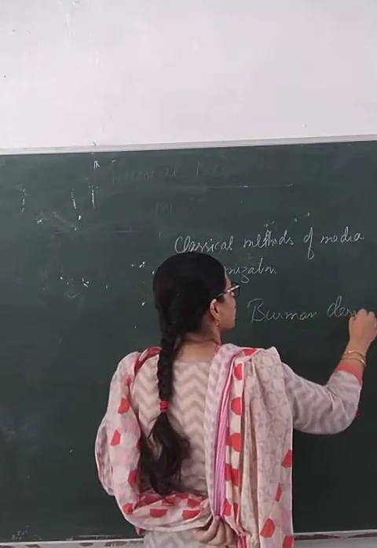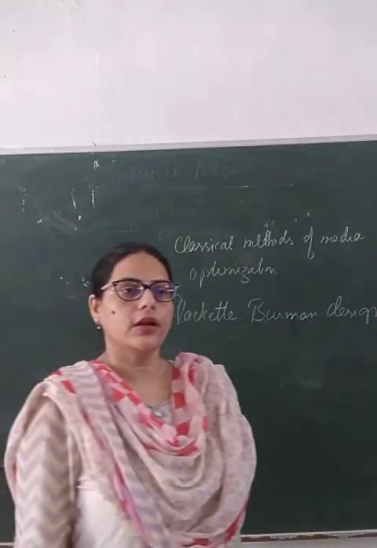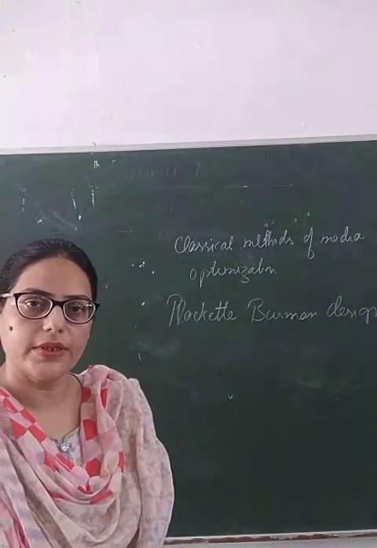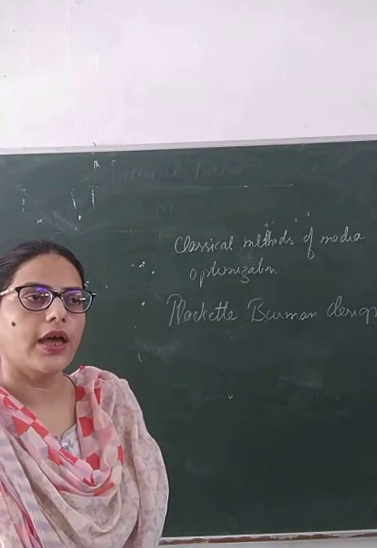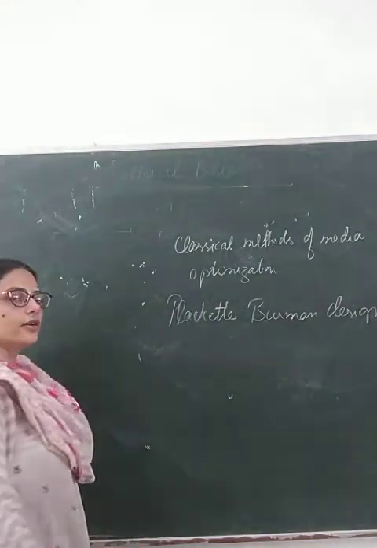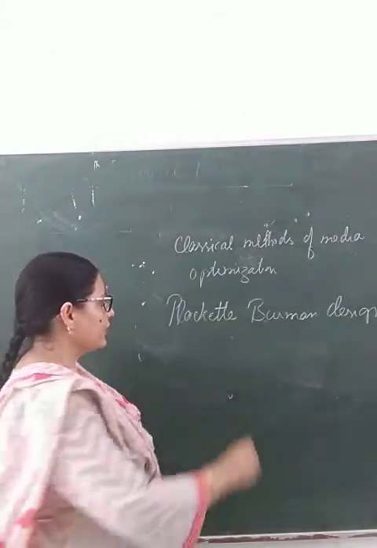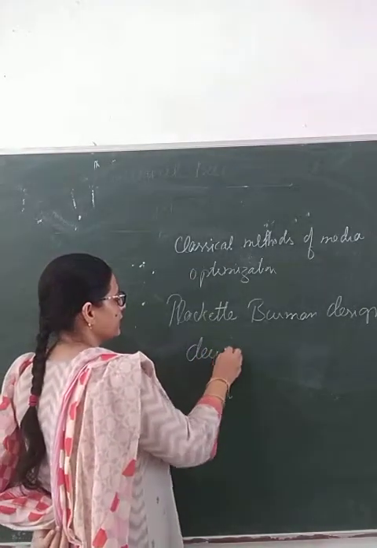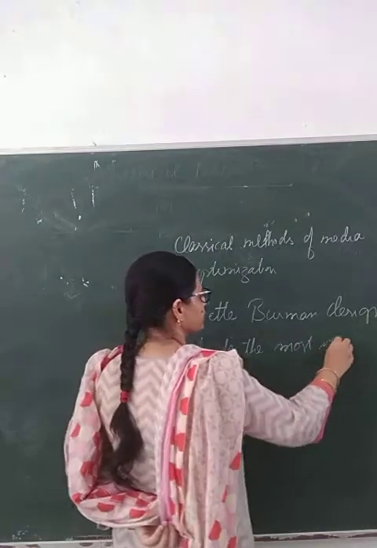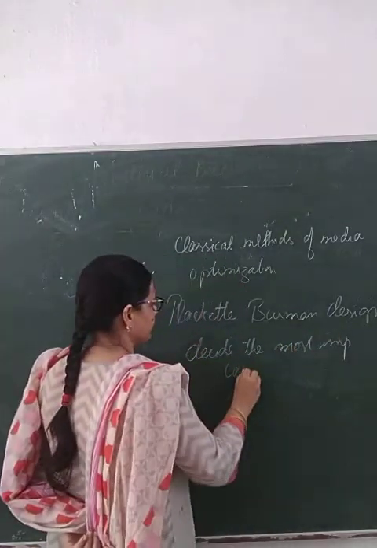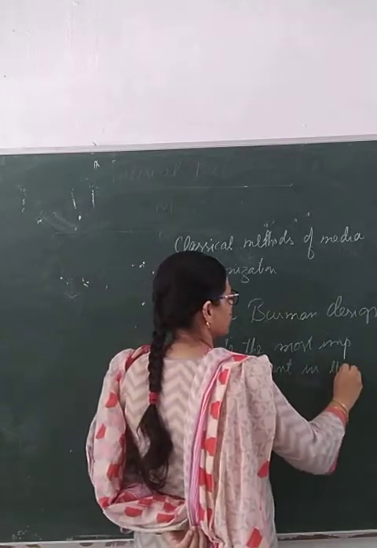We have already discussed the main points of the Plackett-Burman design: that it can be done when there are more than 5 variables, with high and low concentrations of the variables, and as a result of the calculations of the Plackett-Burman design, we can decide the most important component in the media.